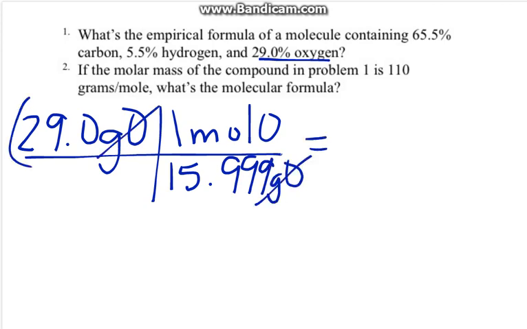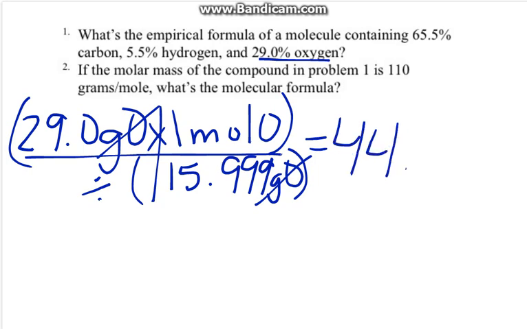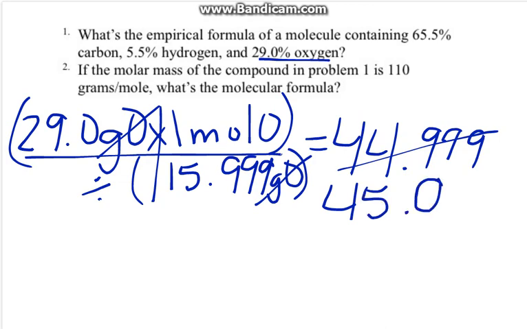Cross out our grams, multiply everything on top, divide by everything on bottom, and you should get 44.999. We only need 3 sig figs, so this turns into 45.0 moles of oxygen.